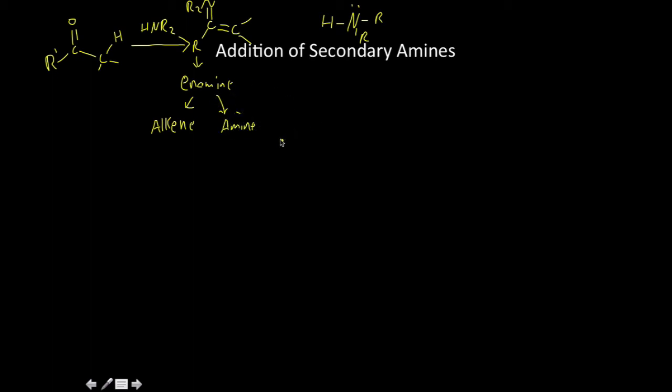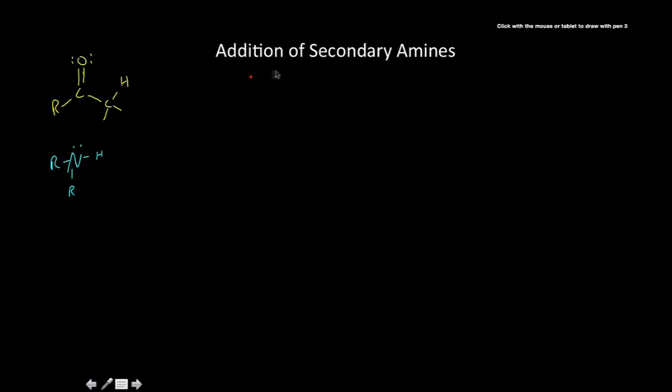Cool. Let's draw the stepwise mechanism of this reaction. Just like before, we have ourselves a secondary amine. We're going to run this under acidic conditions so that this nucleophile will react as a nucleophile and not as a base. And so we get a nucleophilic attack of the carbonyl carbon. For convenience, I moved this.